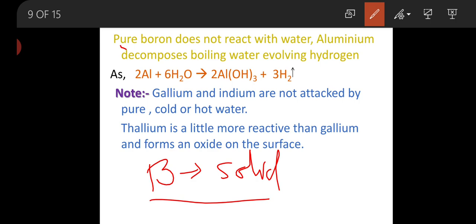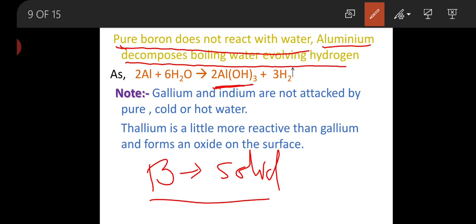Here we can say that pure boron does not react with water, whereas aluminum, with its amphoteric nature, decomposes in water easily to form aluminum hydroxide, Al(OH)3, with liberation of hydrogen gas.